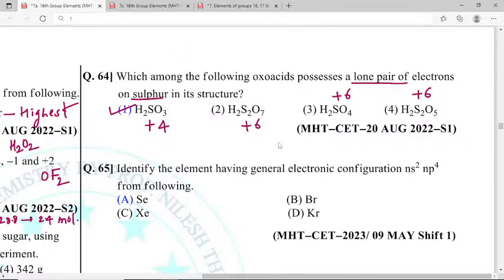Oxidation state is very important: if there is +4, there is a lone pair. Sulfur contains 6 valence electrons; if 4 are involved in bonding, the remaining 2 are a lone pair.